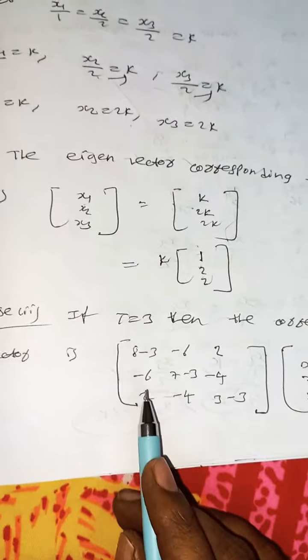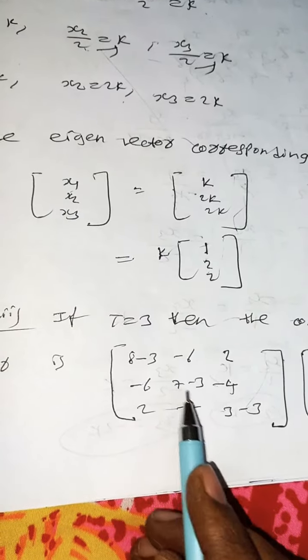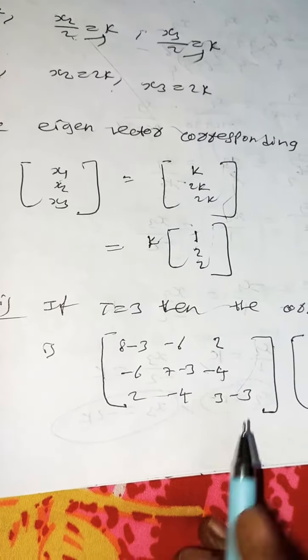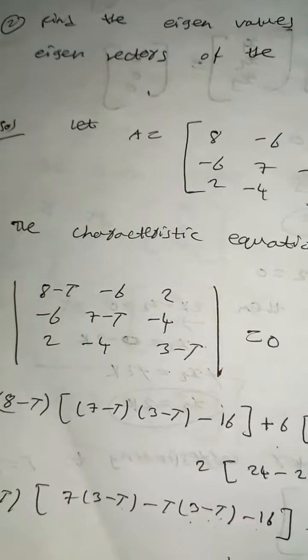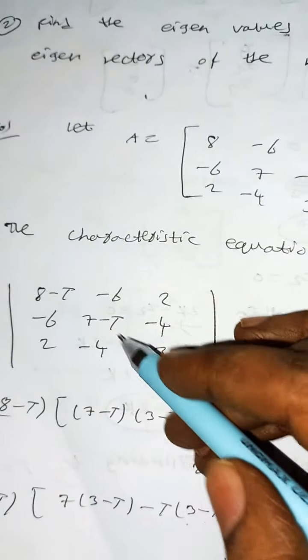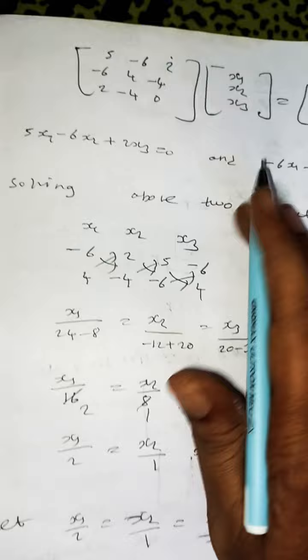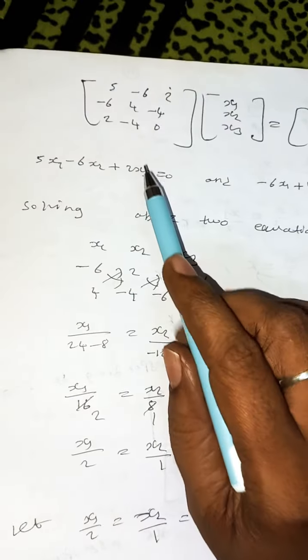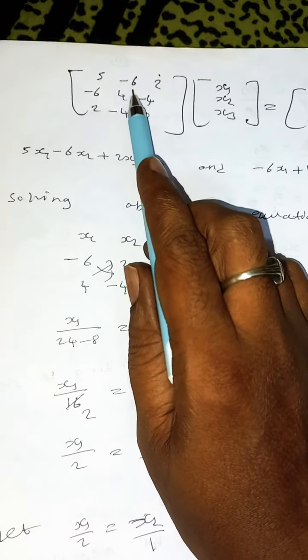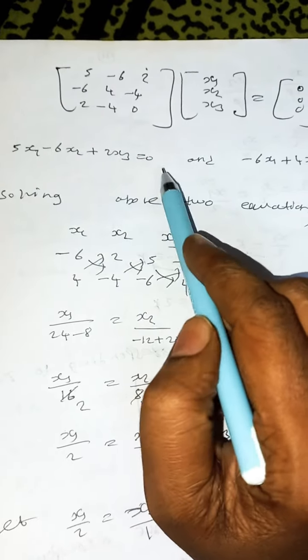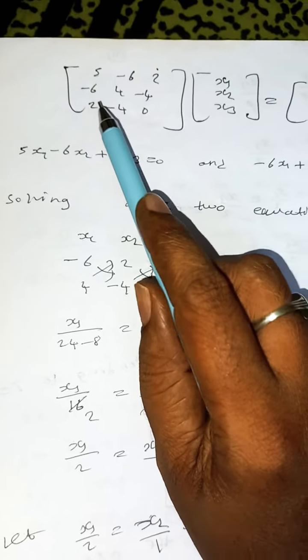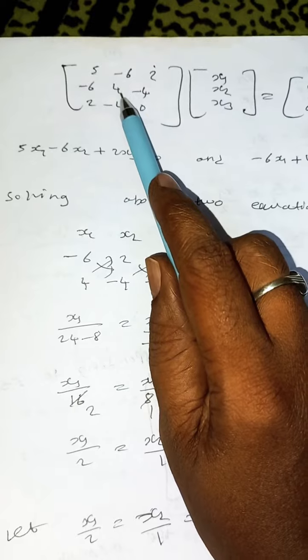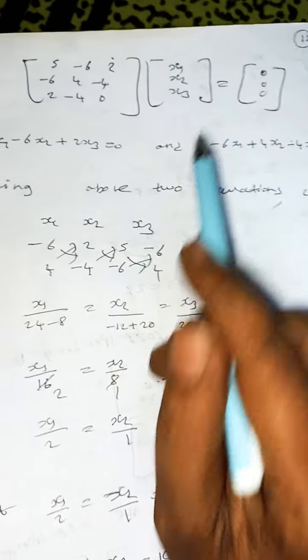So now you substitute lambda equals 3: 8 minus 3, 7 minus 3, 3 minus 3 in the diagonals. So it becomes like this. Here also I am using the cross multiplication method: 5x1 minus 6x2 plus 2x3 equals 0. I am taking only two equations, which is enough. So minus 6x1 plus 4x2 minus 4x3 equals 0.